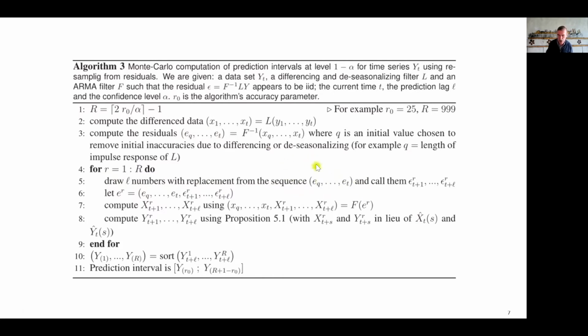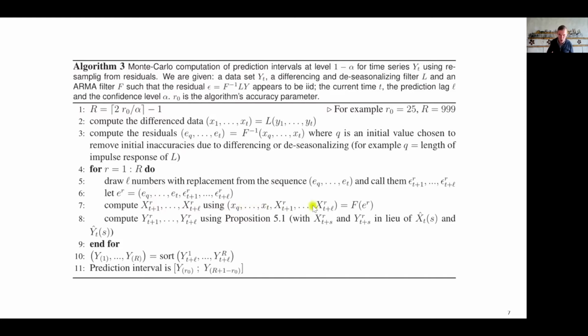So I draw L of them with replacement. That's important to generate something that's IID. And I obtain some of them, I call them epsilon sub R. And I create in this way my simulation of the future in the residual space. So the idea is very simple. If we believe the residuals are IID, it's easy to simulate.